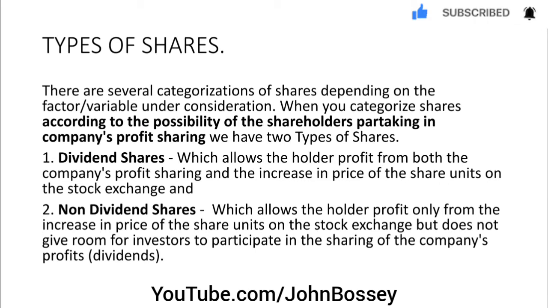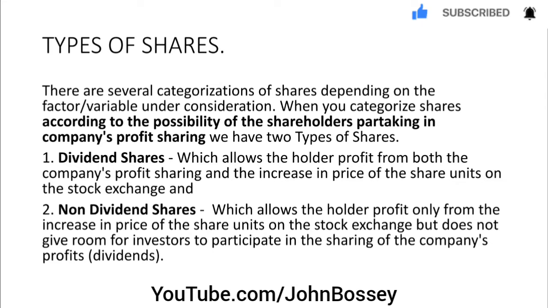Now, we'll be looking at types of shares, and there are several categorizations depending on the factor under consideration. If you were to categorize shares according to possibility of the shareholders partaking in the company's profit sharing, then we have two types.